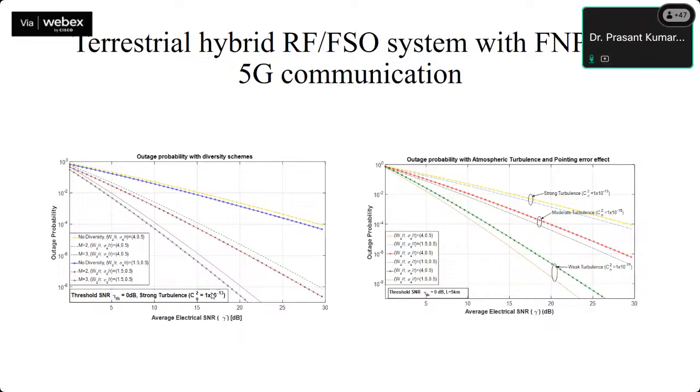Weak turbulence we call 10 to the minus 17, moderate 10 to the minus 15, and strong 10 to the minus 13. And this is the outage probability I have shown versus the average electrical SNR. In the first plot, again it displays the outage probability versus the electrical SNR for a given diversity scheme.